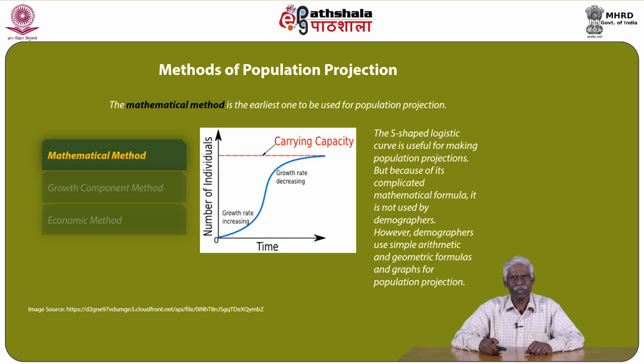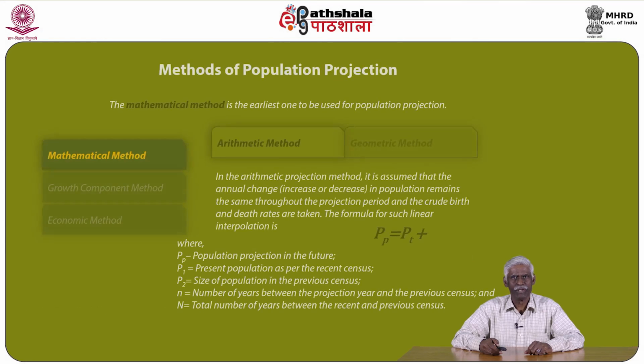Let us discuss about the arithmetic method. In the arithmetic projection method, it is assumed that the annual change, which can be either increase or decrease in population, remains the same throughout the projection period, and the crude birth and death rates are also taken into consideration.